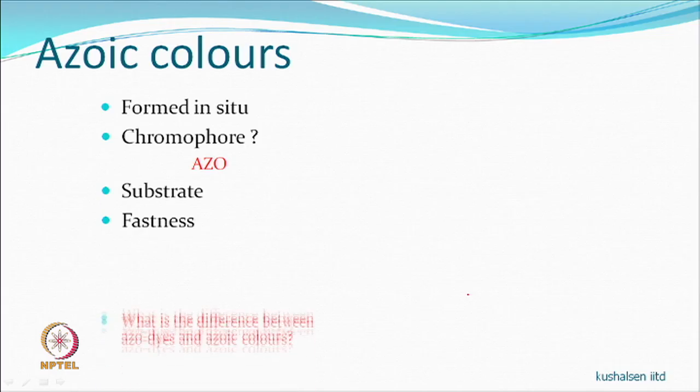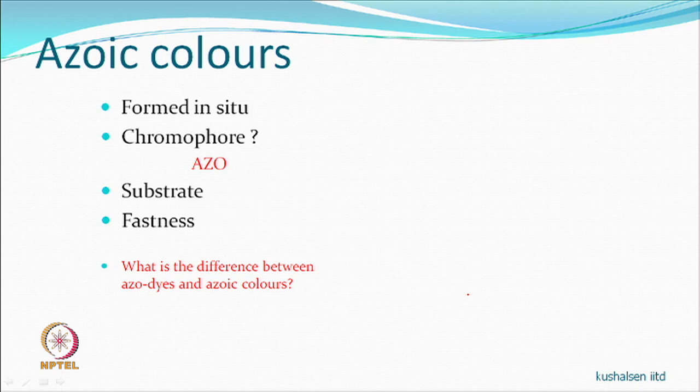Fastness, rubbing fastness is the only thing which you should be worried about, wet and dry both. Otherwise, they are water insoluble compounds. So, if done nicely, the padding is nice, the temperatures and conditions are good, the wash fastness should not have a problem. So, what is the difference between azo dyes and azoic colors?